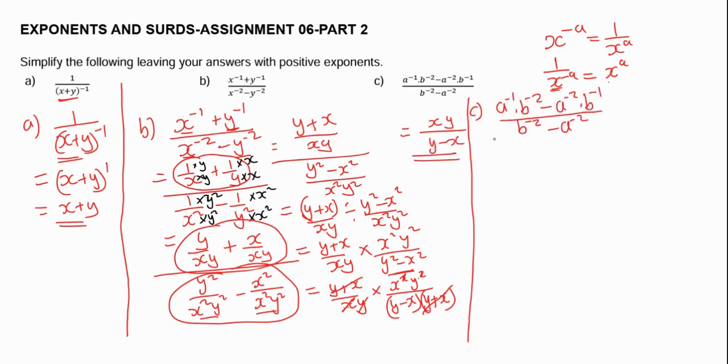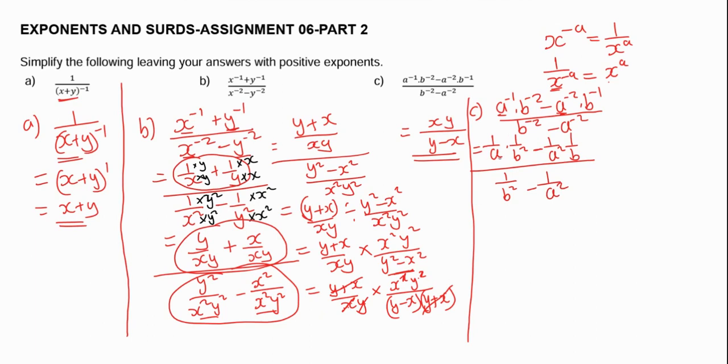Right, and then c, this like 1 over a, and then times 1 over b squared minus 1 over a squared from this one, and then times 1 over b, right? All this divided by 1 over b squared minus 1 over a squared. Let's look at the numerator.